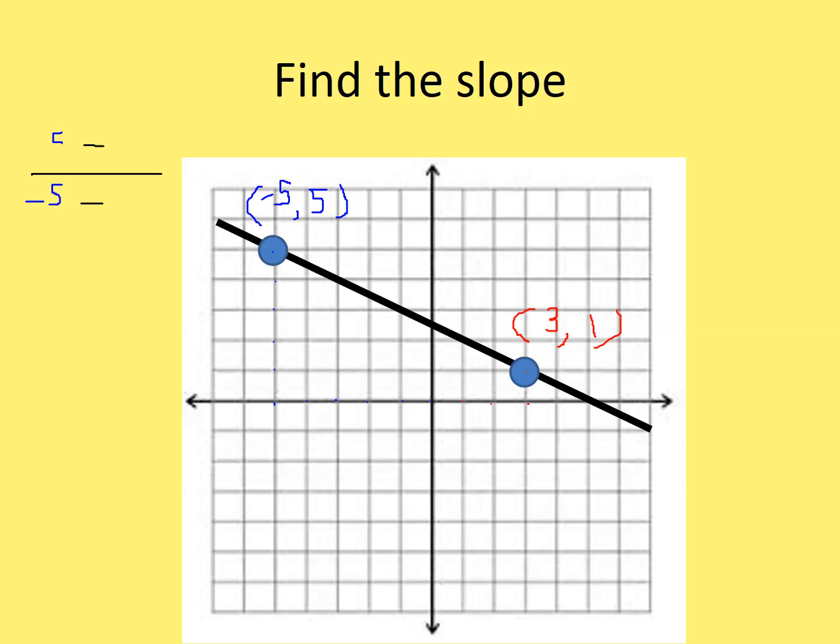So I'm going to plug in my x and y values. And then work on that subtraction. 5 minus 1 is 4. Negative 5 minus 3 is negative 8.